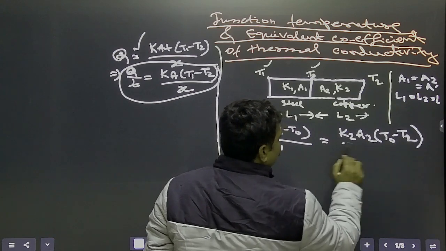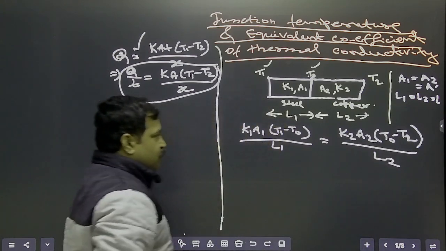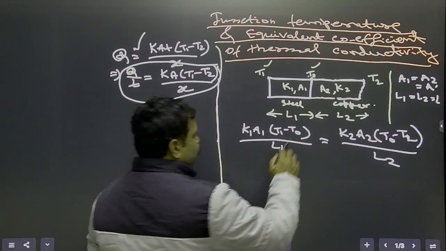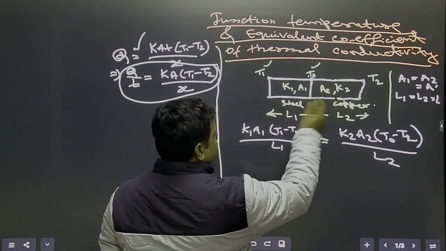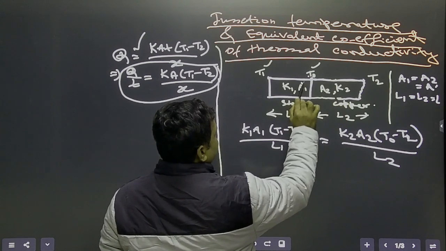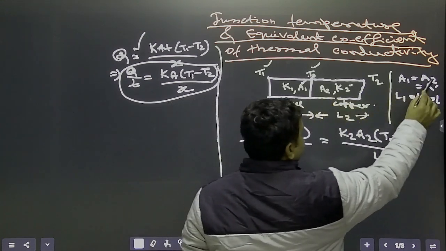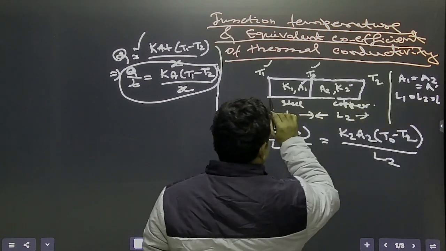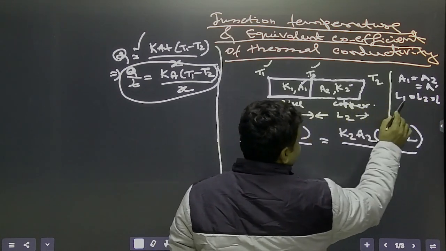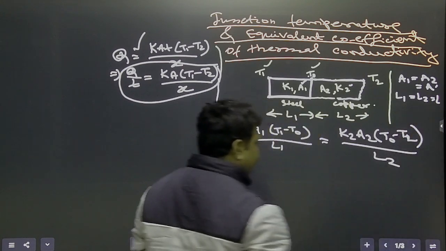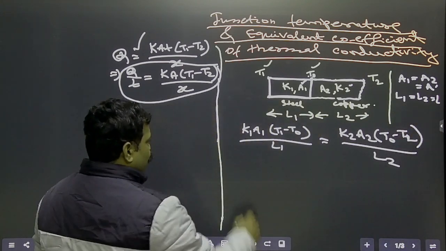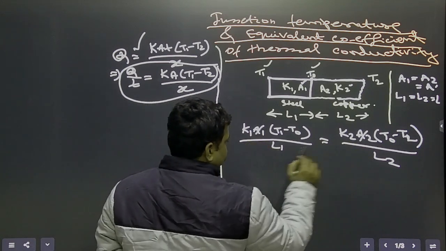So here we assume that these two different materials have the same cross sectional area, so A1 is equal to A2 is equal to A, and the lengths are the same, so L1 is equal to L2 is equal to L. So this will be cut, this will be cut.